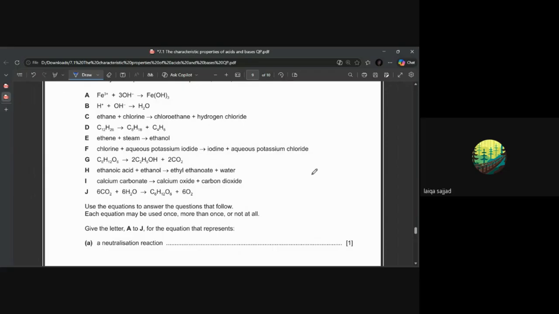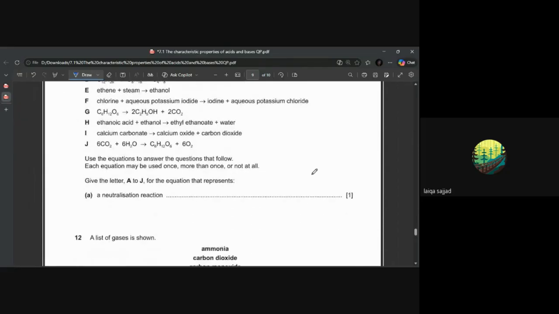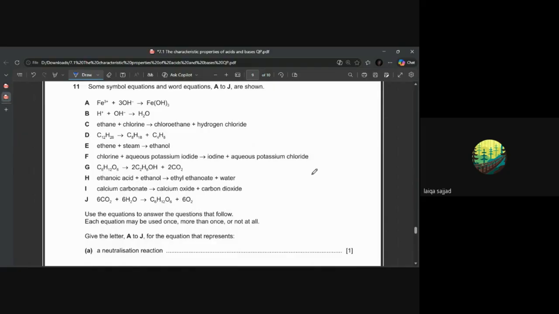Give the letter A to J for the equation that represents a neutralization reaction. Which of these represents a neutralization reaction? B. Acid.